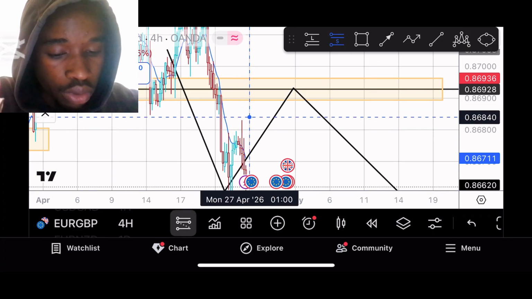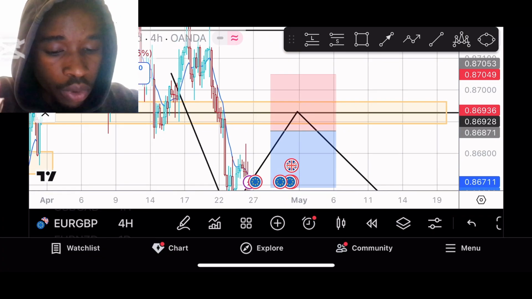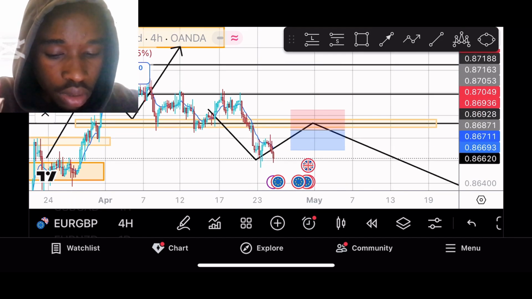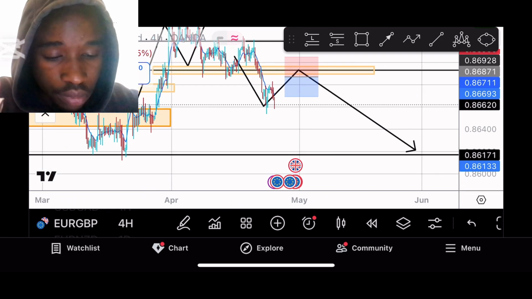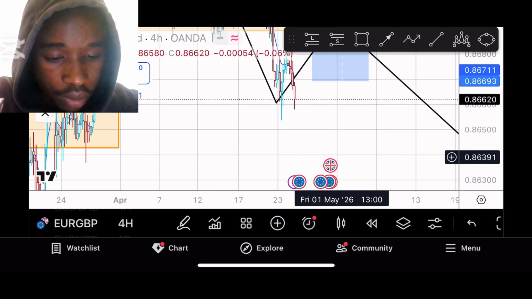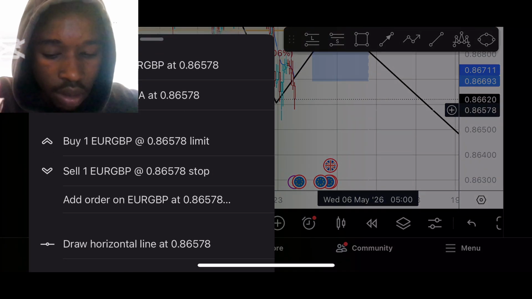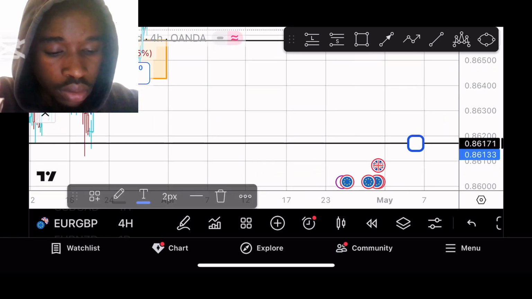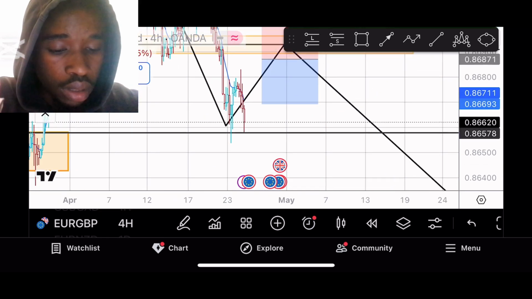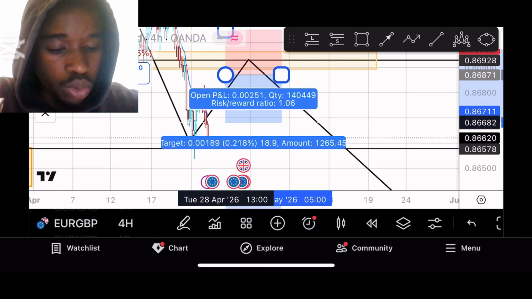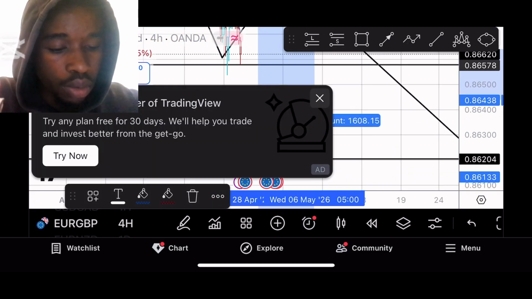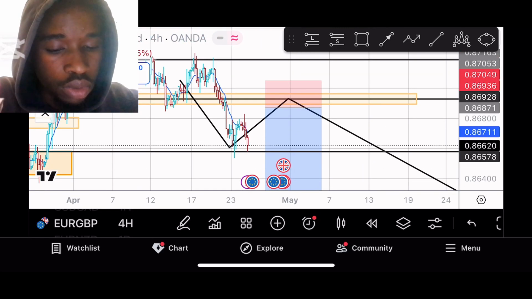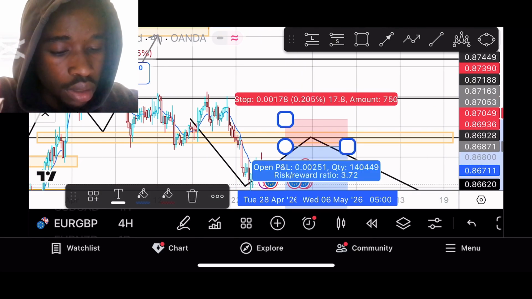So what we're going to do is this. We're going to place our stop loss. This is a little tricky. So we have an area of interest already that's marked out there. We are going to probably aim for this one or the previous one, depending on how we're going to look at it.